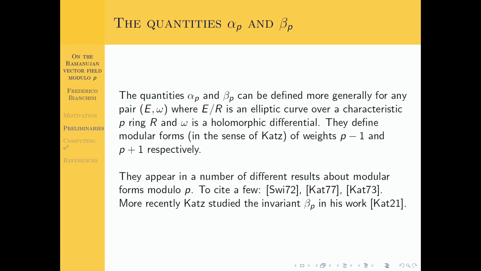These two polynomials appear everywhere when you're dealing with modular forms modulo p, or elliptic curves modulo p. To cite a few, this is Swinnerton-Dyer's paper where he proves the congruence I just showed you. And these are papers by Katz. And Katz recently studied the invariant beta_p in a paper in 2021.